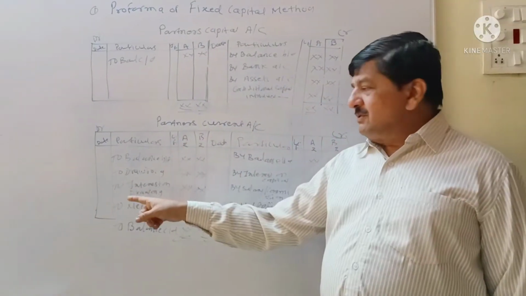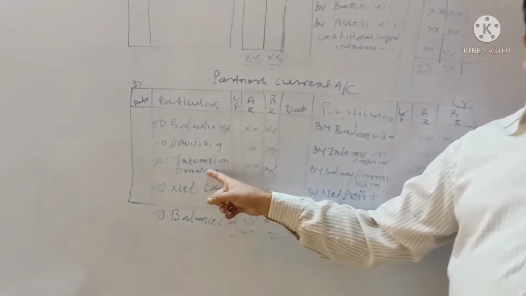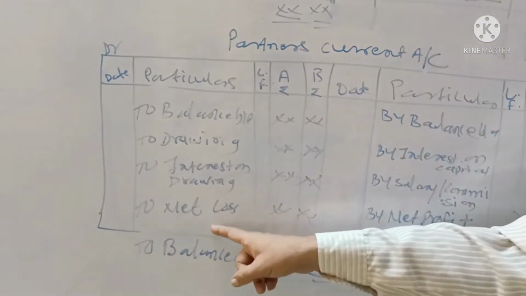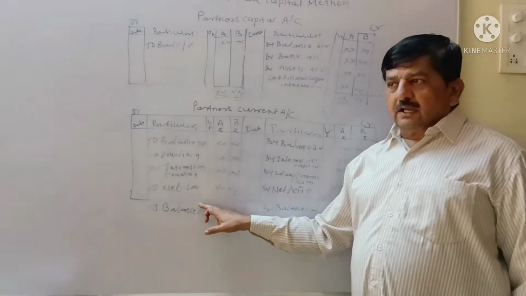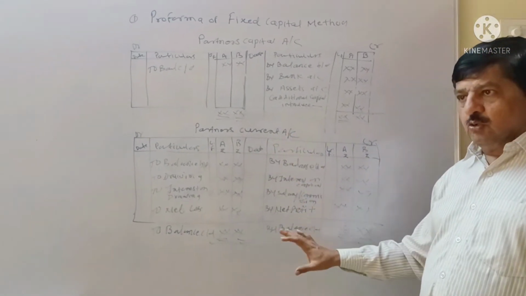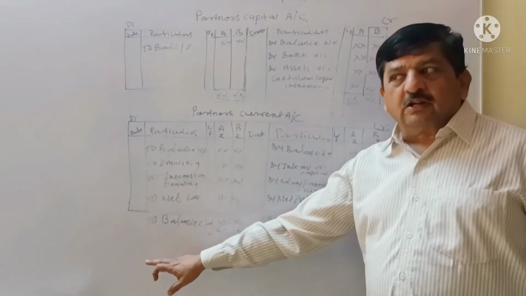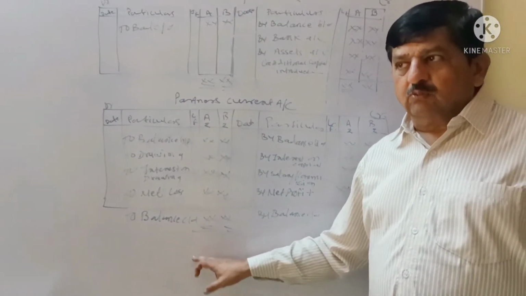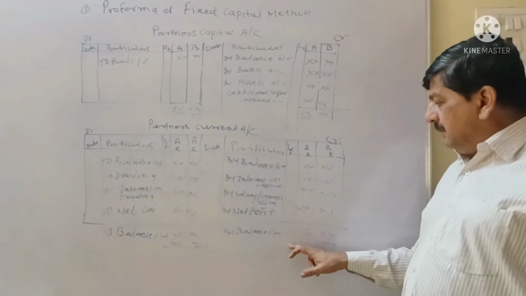On the debit side you put the drawing, interest on drawing, and if there is a net loss, it is taken on the debit side of the current account. After completing the adjustments, the current account must be closed. If the credit side total is more, the difference is taken on the debit side to balance carried down. If the debit side total is more, you put it on the credit side by balance carried down.